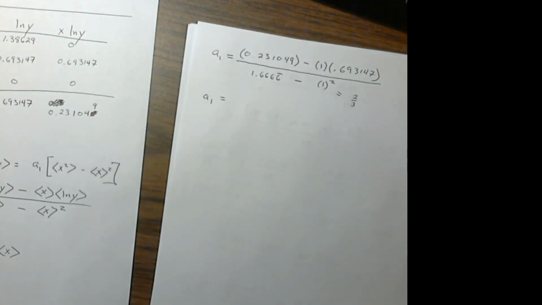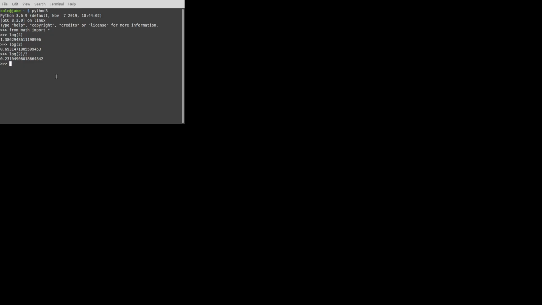Okay. So, to evaluate my numerator, 0.231049 minus 0.693147. Oh dear, it's negative. Is that okay? Yes, it's okay. Of course it's negative. My numbers for y are decreasing, so yeah, there's a negative slope. All right, we're going to multiply that by 3 and divide it by 2.